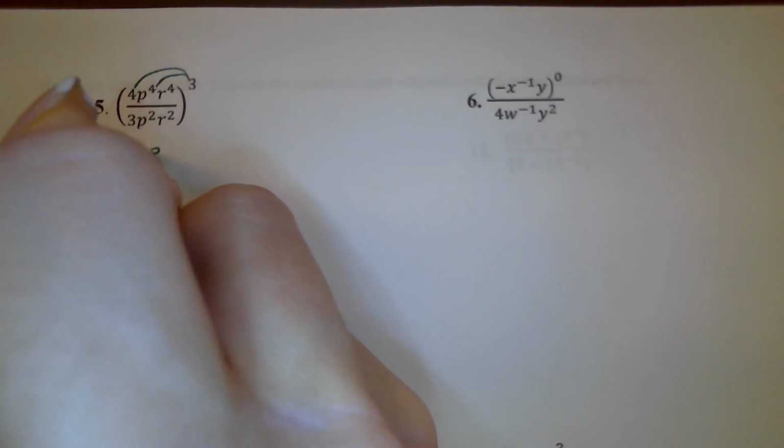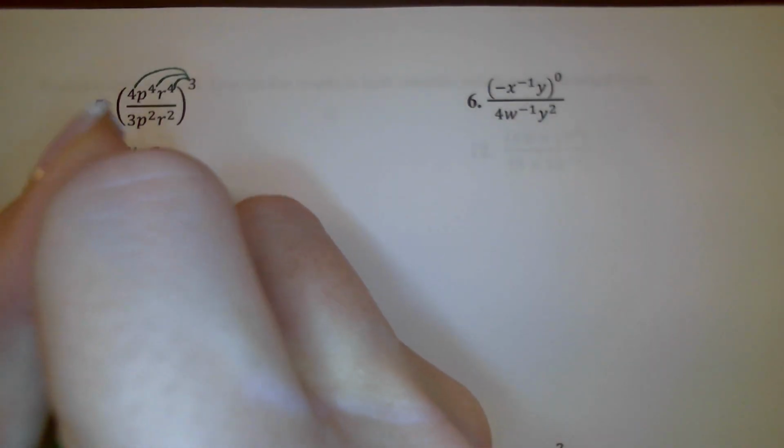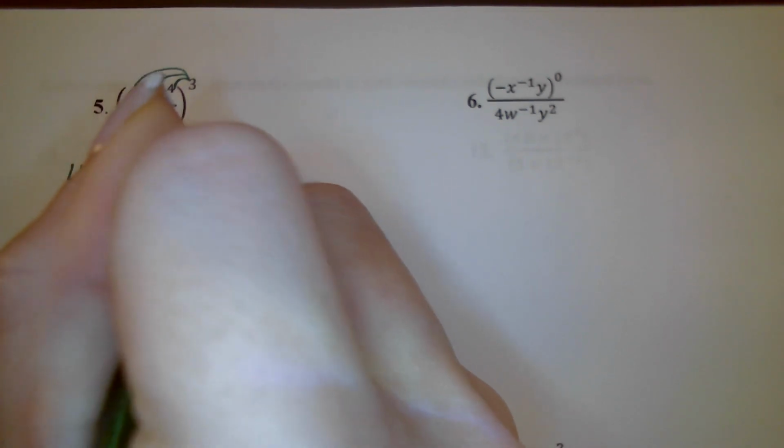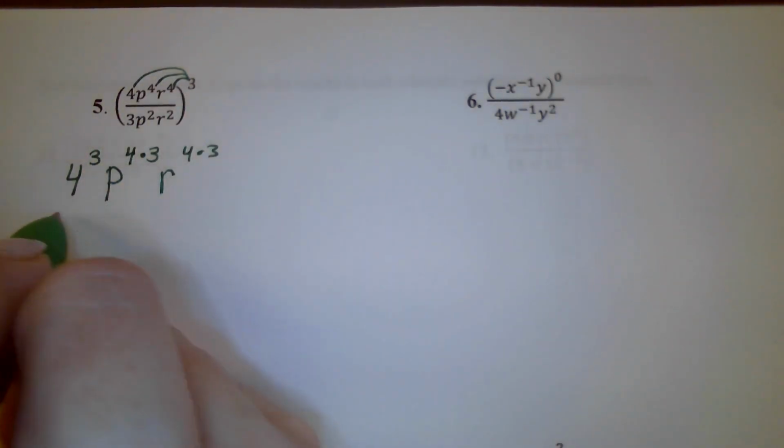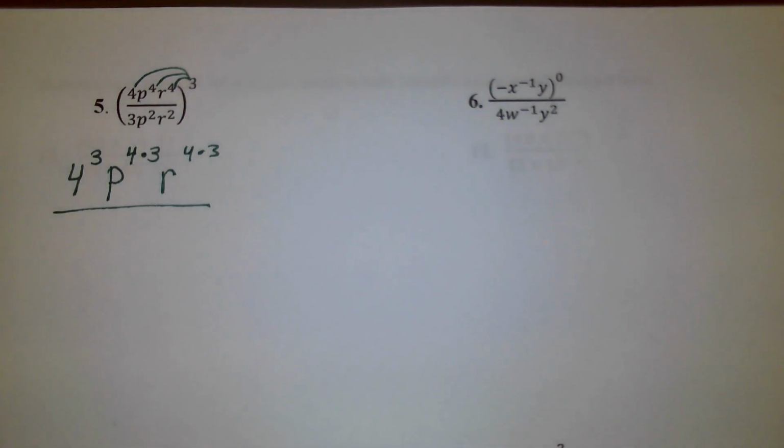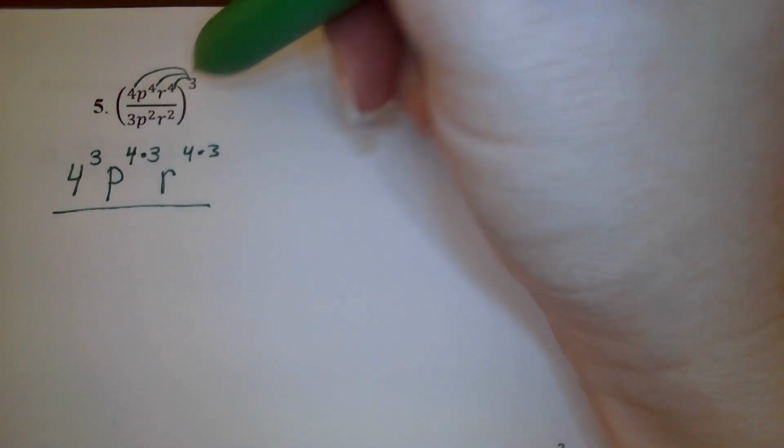p, and then 4 times 3, r, 4 times 3, over, now here's the part that can be easy to forget. When it's division and a power outside the parentheses, we distribute to the denominator as well.